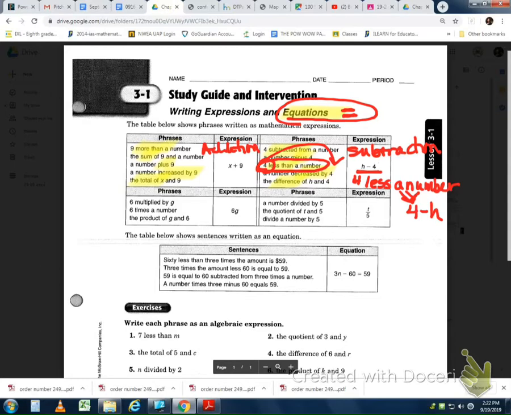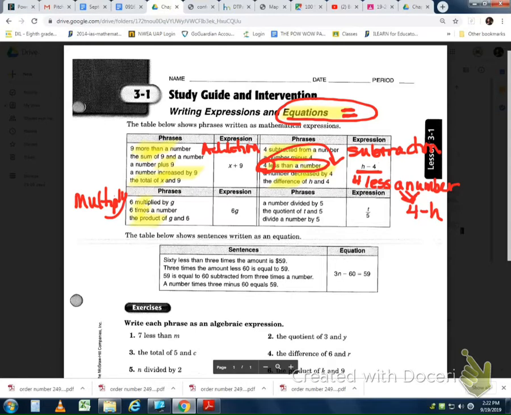All right, multiplication and division, there definitely are not as many words. So the first one, when we look at multiply, 6 multiplied by g, 6 times a number, the product of g and 6, or 6 and g.